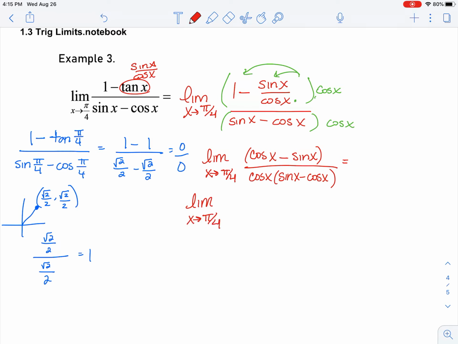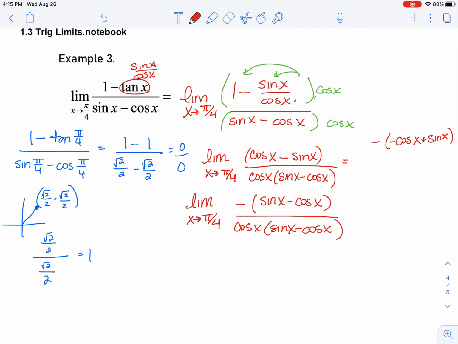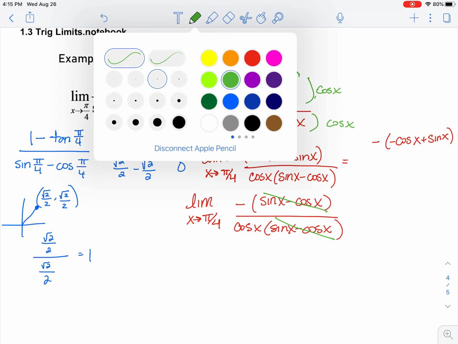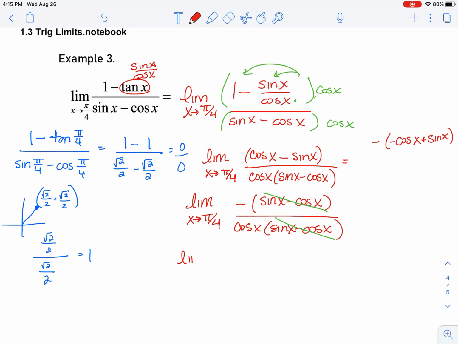So I'm going to rewrite the limit as x approaches pi over 4. I'm going to take a negative out. That gives me negative cosine x plus sine x, which I'm going to rewrite as sine x minus cosine x over cosine x times sine x minus cosine x. And these cancel. And so we have the limit as x approaches pi over 4 of negative 1 over cosine x.